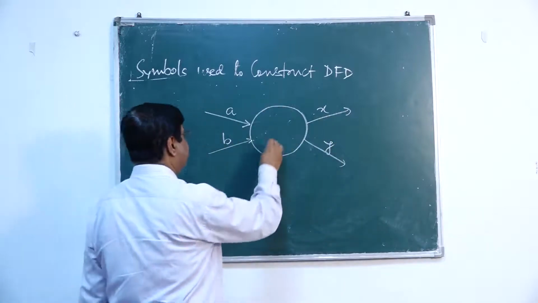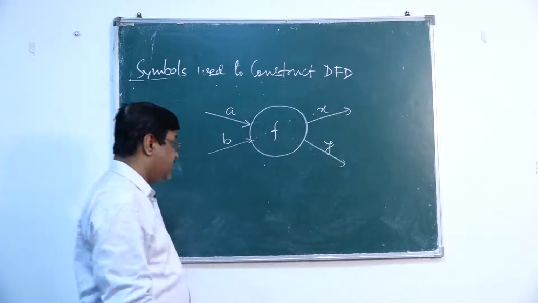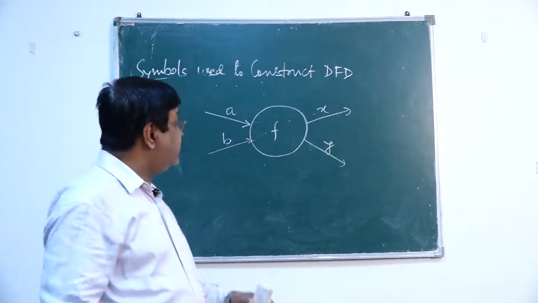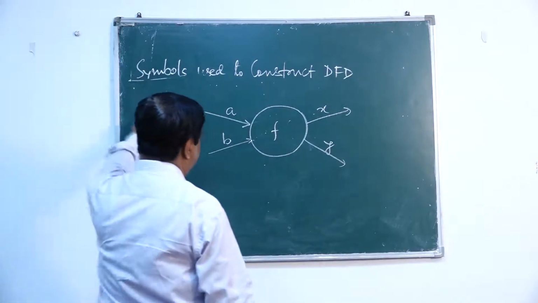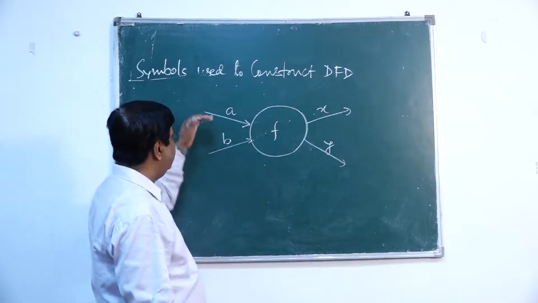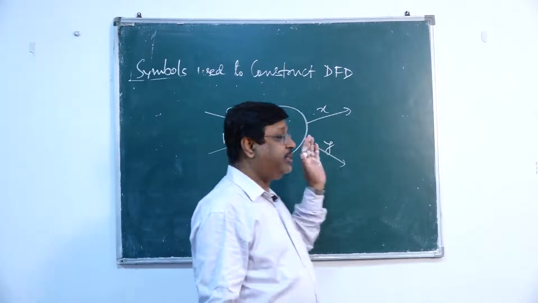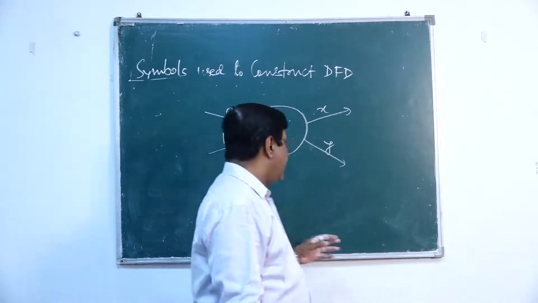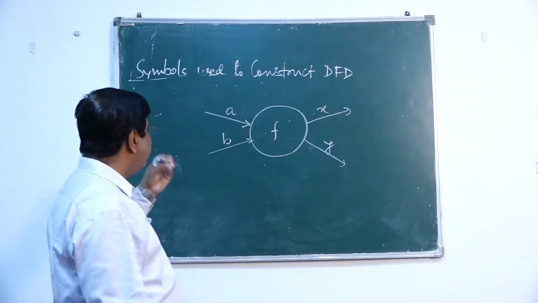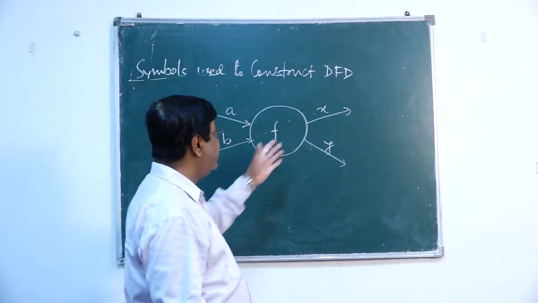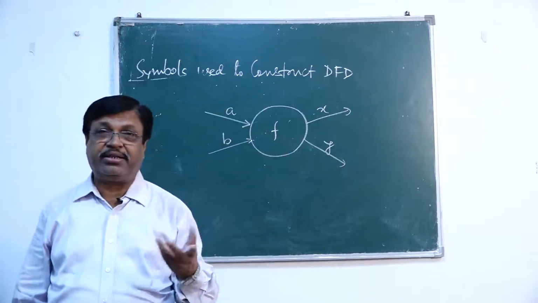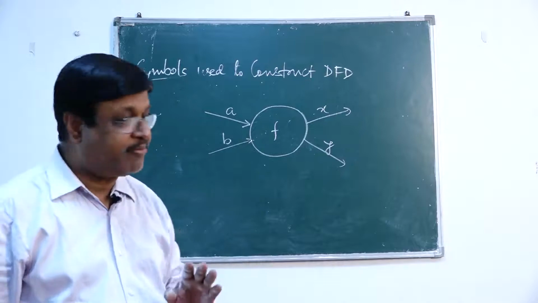Okay, and this is the process F. Now, we see that in this DFD, A and B are being input, X and Y are being output. Now, how do these A and B get converted into X and Y? We cannot say, it is not visible.